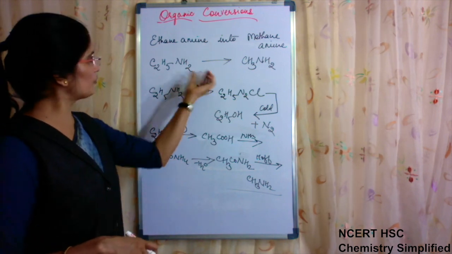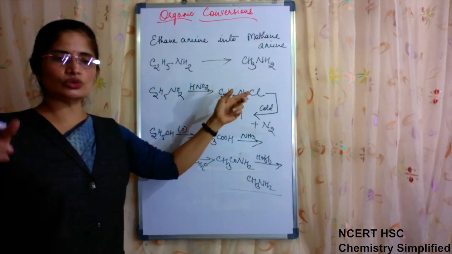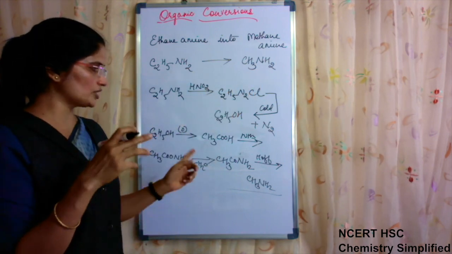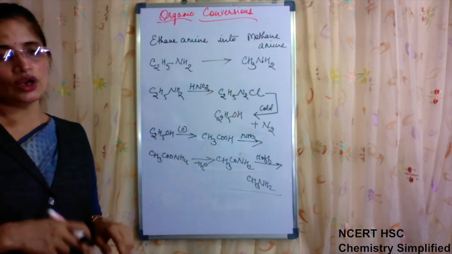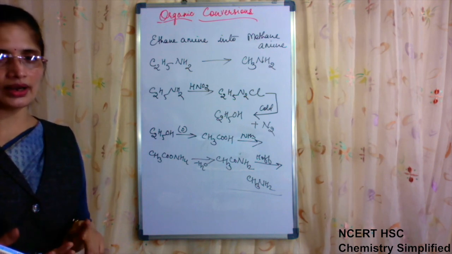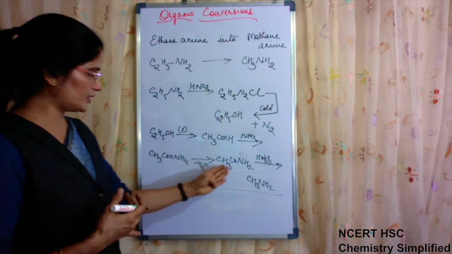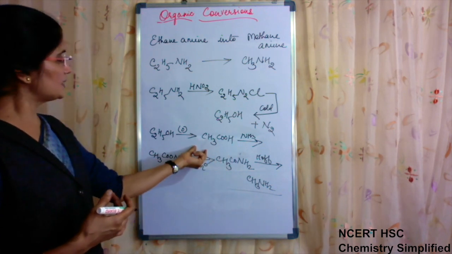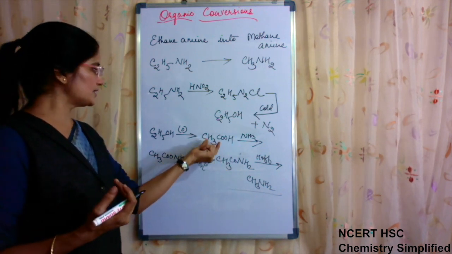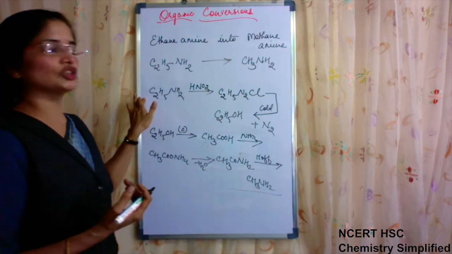So here, when you have to reduce carbon, you just use the Hofmann bromamide reaction. For Hofmann bromamide, we require an amide. Amide can be obtained from acid by reaction with NH3. How can we reach the acid? From the compound which was given to us.